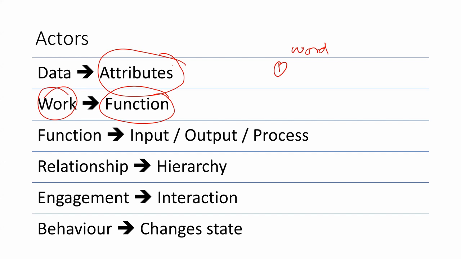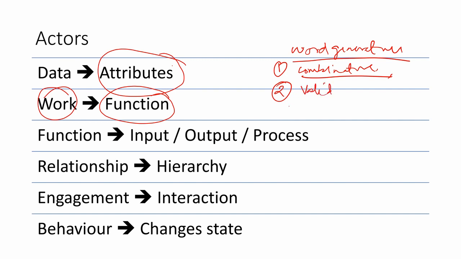In our word generation, the first step is generate combinations. The second step from our perspective, from our lens, is to filter out what we would call valid combinations.